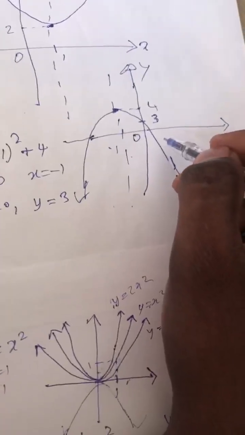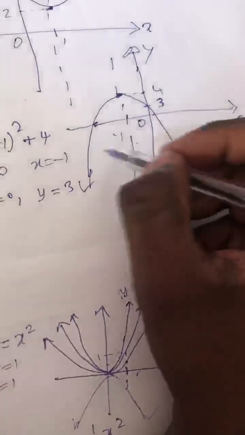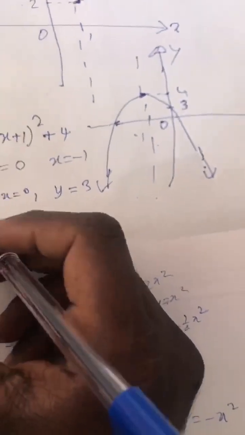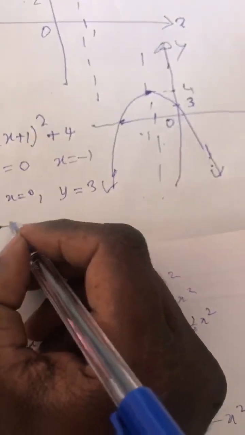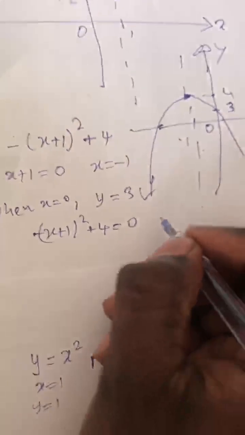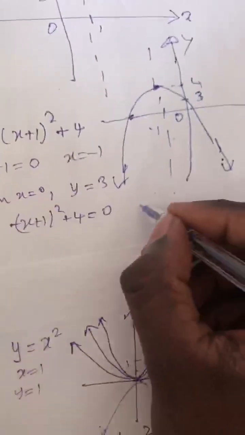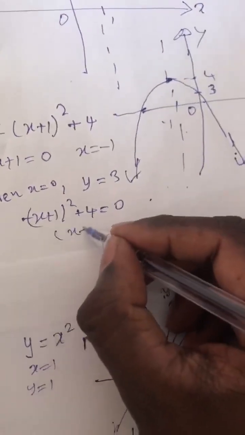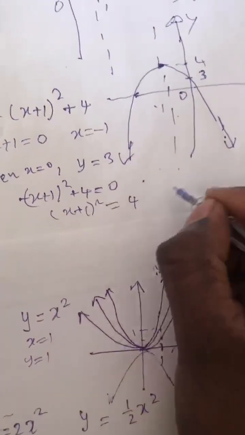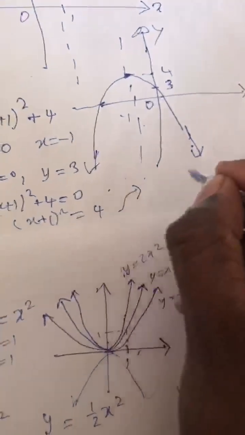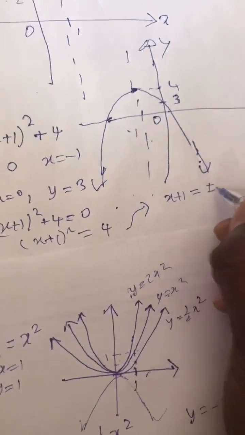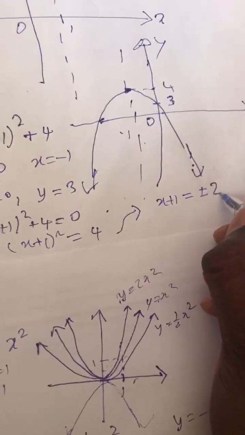Okay, alright, we can find the values of x at the intersection points when minus x plus 1 squared plus 4 equals 0. So here x plus 1 squared equals 4. So x plus 1 equals plus or minus 2.